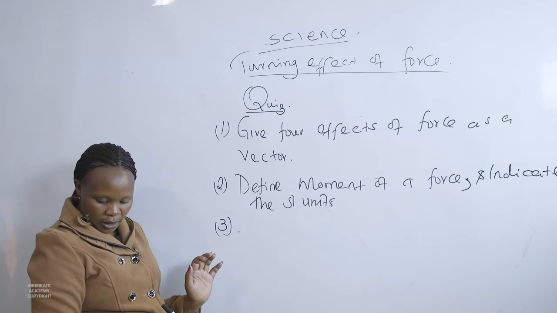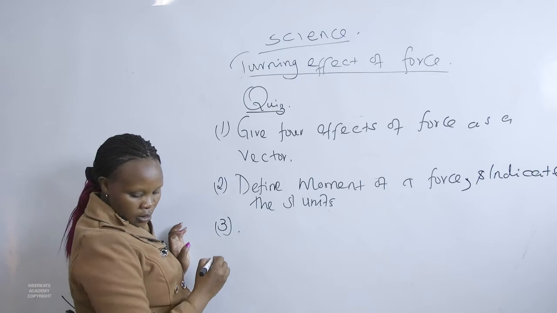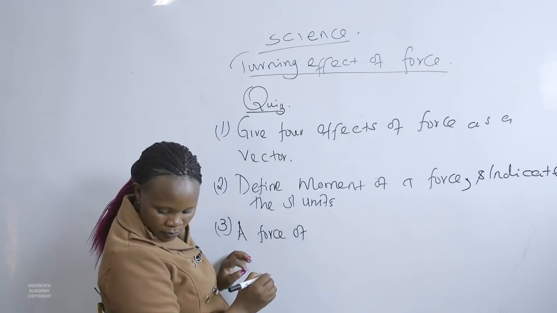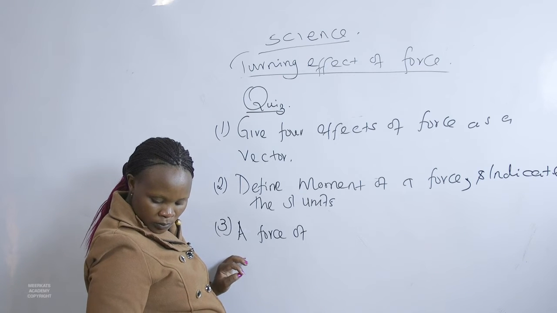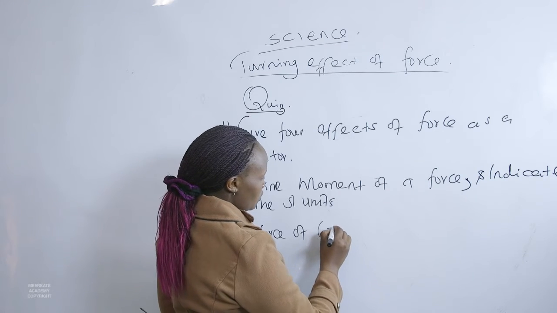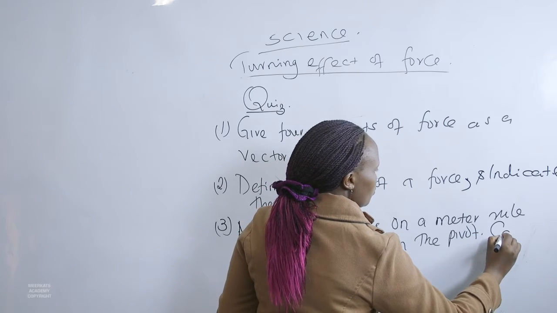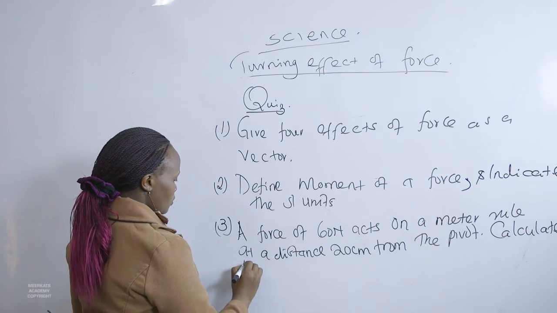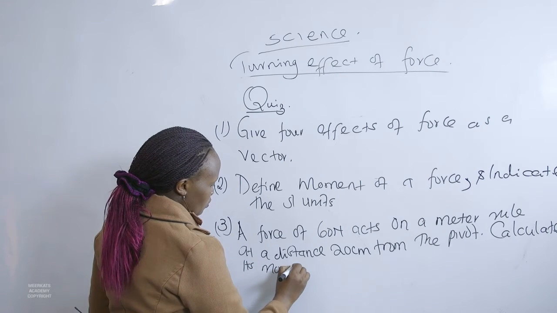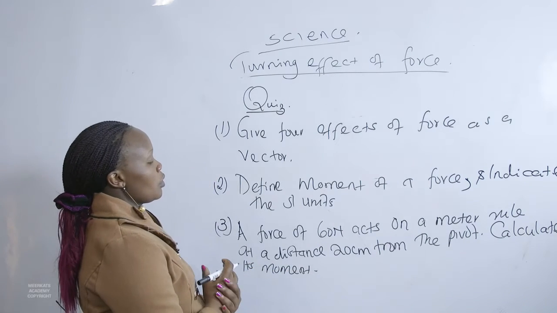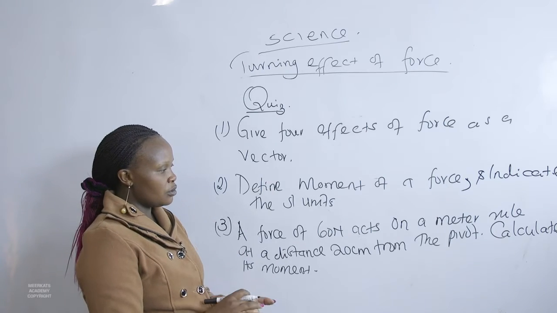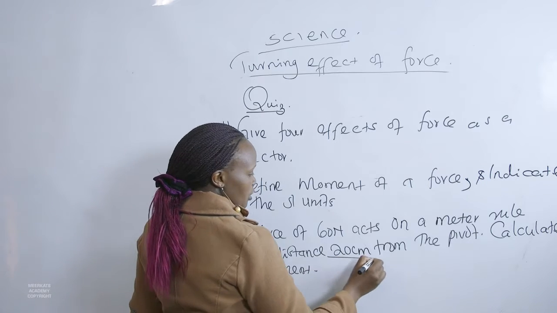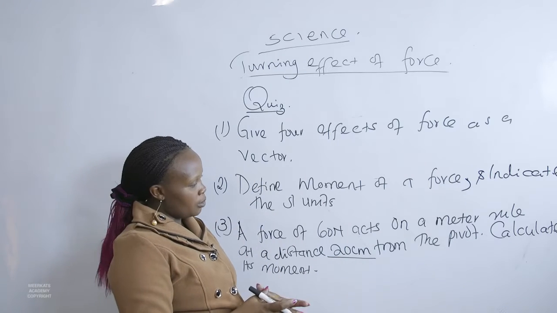Number 3, you can try and work out this question. A force of 60 newtons is acting at a distance of 20 centimeters from the point of support.